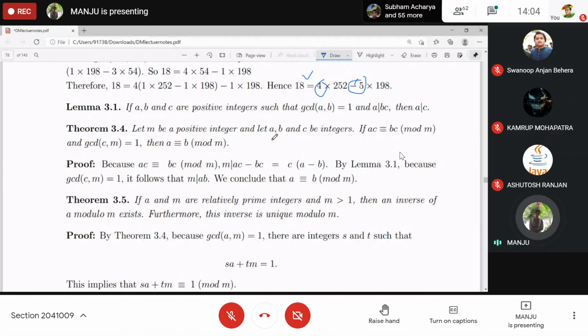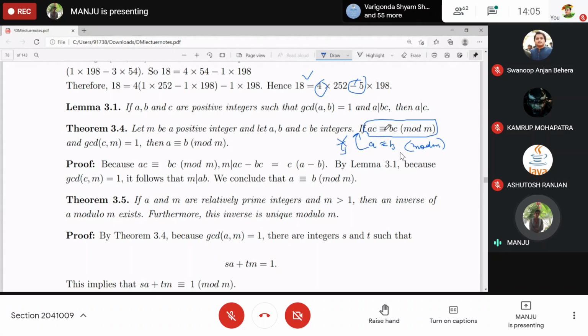We have done this one, that is, in general division is not possible. If you have A into C is congruent to B into C, from here you cannot always write A is congruent to B mod M. If you have A is congruent to B mod M, you can multiply by C, but division is not possible.